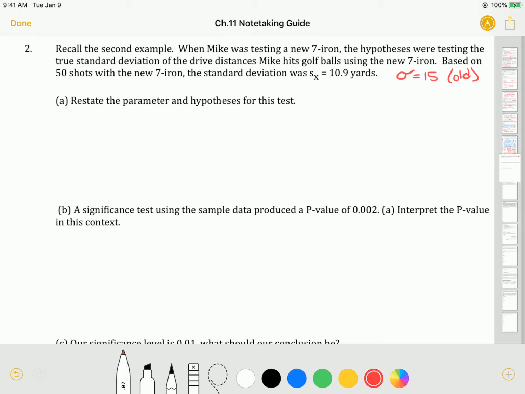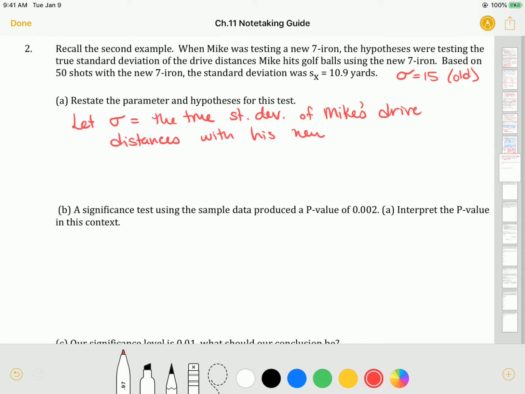Okay? So we're going to set up our parameter and hypotheses. So we're going to say let sigma equal the true standard deviation of Mike's drive distances with his new 7-iron. Okay, so remember that you need to be setting up these hypotheses before you see the sample data.